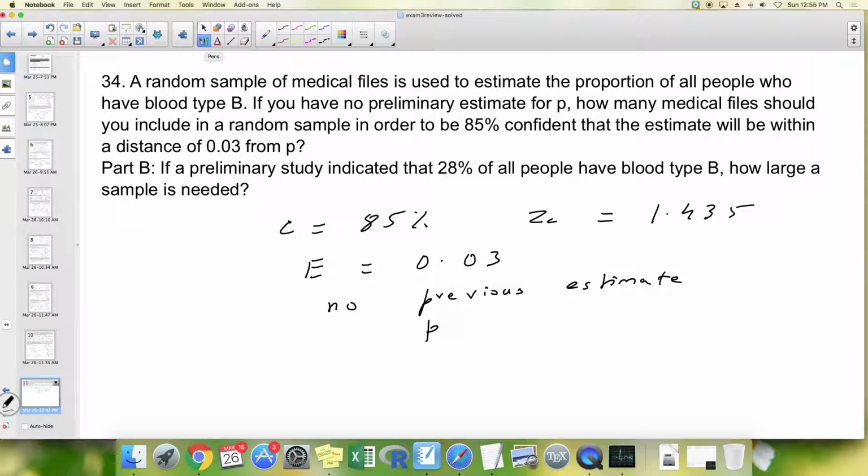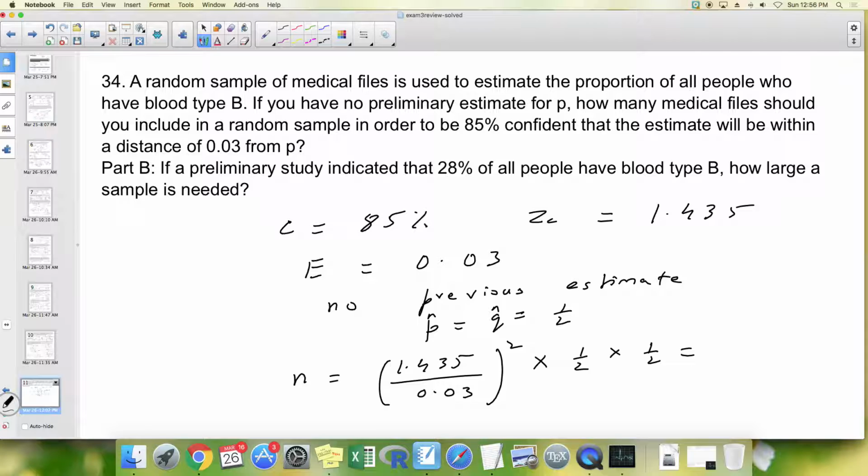That means you shall put p hat equals q hat equals half, and that will give you n equals zc by E whole square times p hat times q hat, which is 572.0069. So you can actually call it n equals 573.